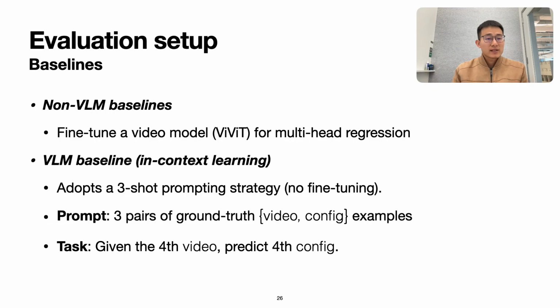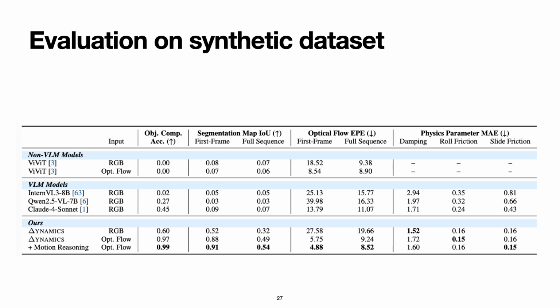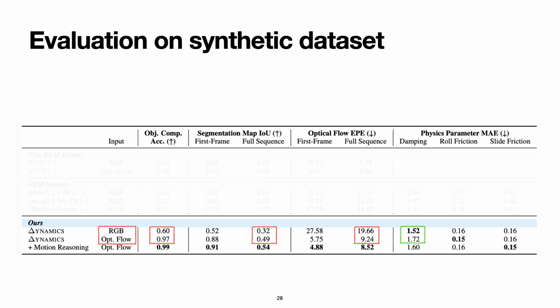For baselines, we consider non-VLM baselines, and the VLM baseline that is induced with in-context learning. The result shows that optical flow as an input modality did perform better than RGB because optical flow is more semantics invariant. We also show that motion reasoning did improve the accuracy, the IOU, and optical flow endpoint error.